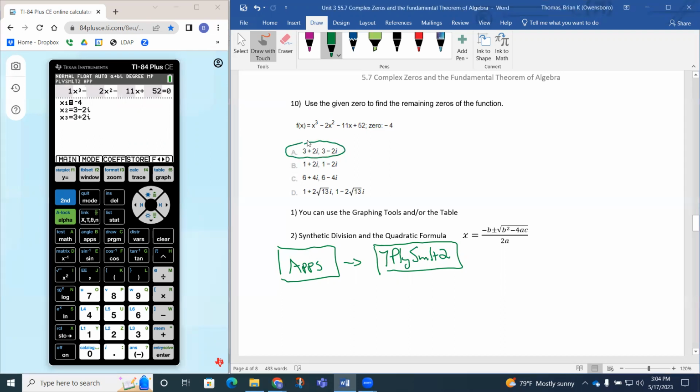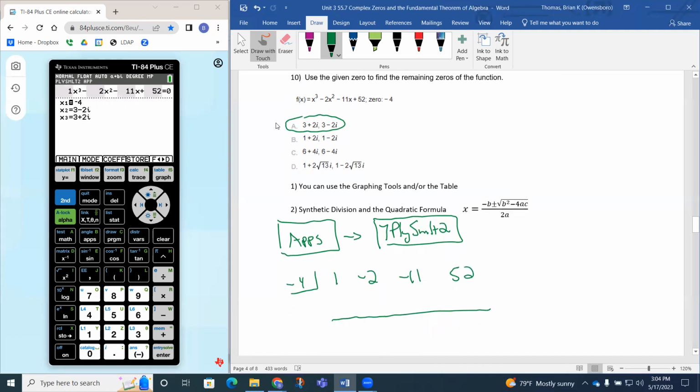Now, if you wanted to, you could also use synthetic division. I could put the -4 as my R value. And then I have a 1 as a coefficient, a -2, a -11, and then the 52. Give myself a little bit of space.